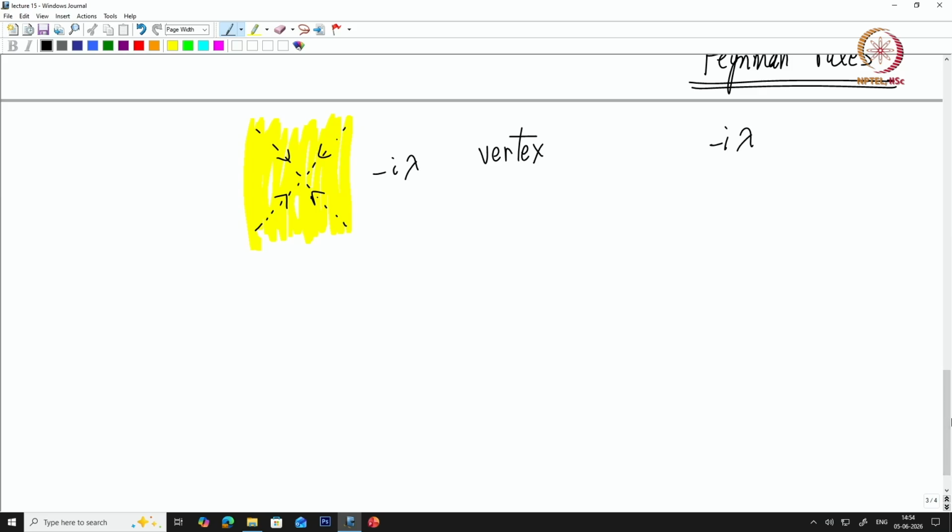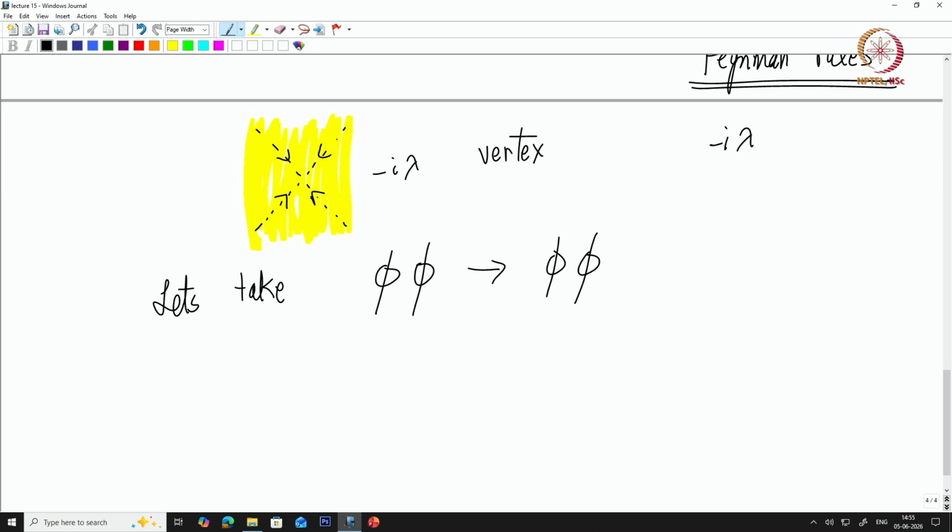Say for example, let us take phi scattering to phi. This is equivalent to saying pi going into pi, a pion to pion scattering and so on.